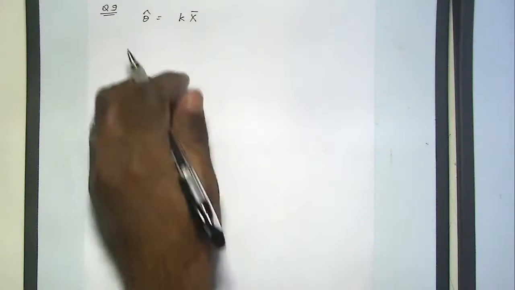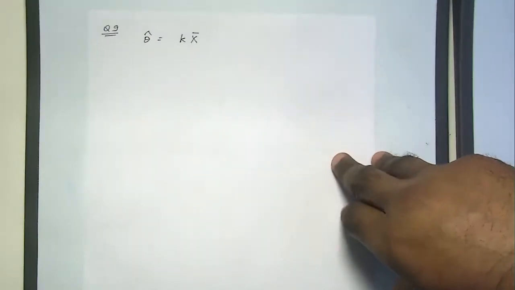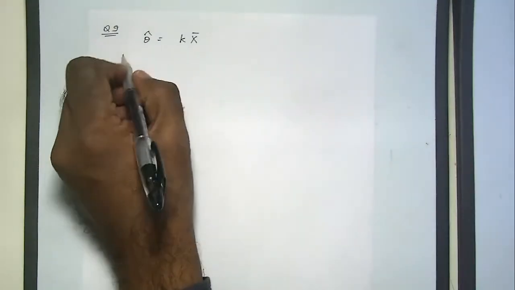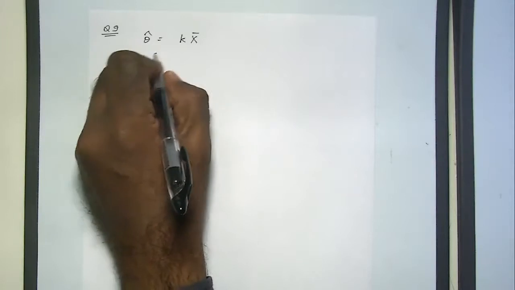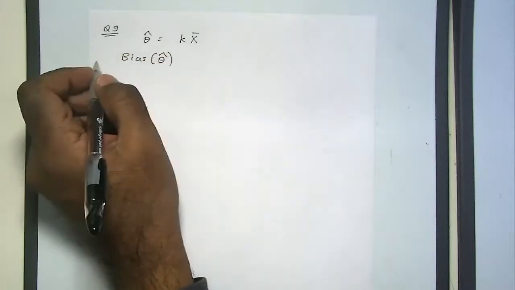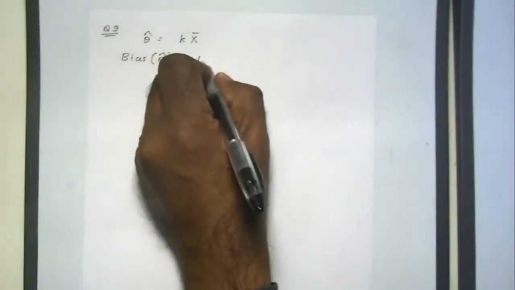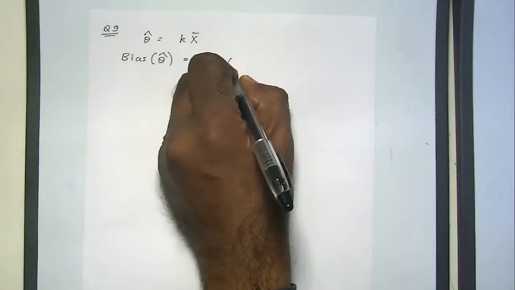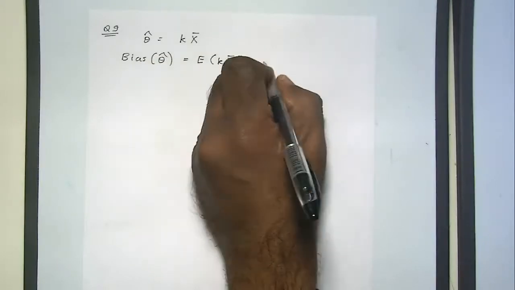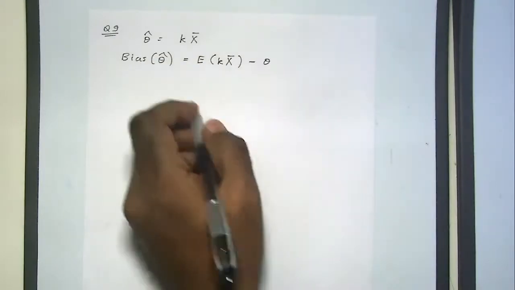So we want theta hat to be unbiased, right? So it means we want the bias of theta hat to be equal to 0.